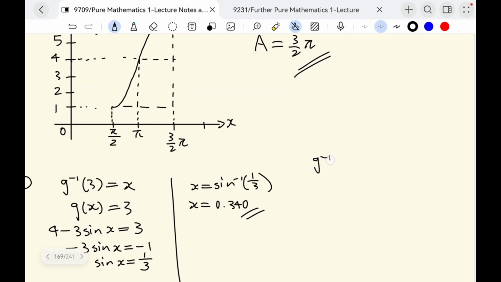So to find the g inverse x, let y equal 4 minus 3 sine x, and then rearrange, making x the subject in terms of y.